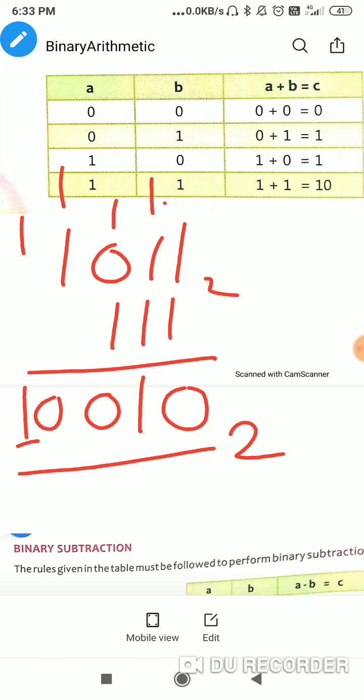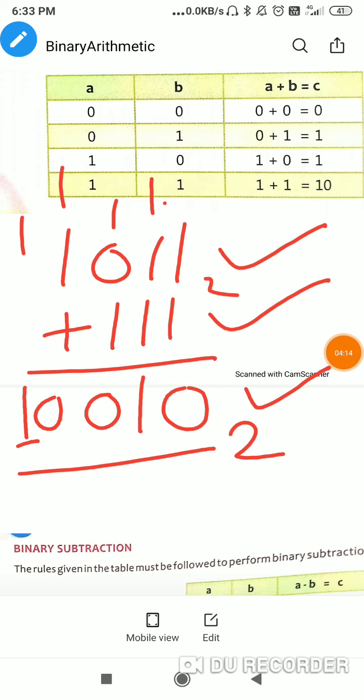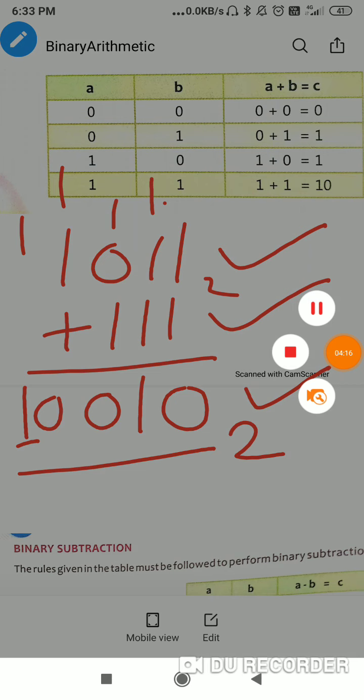So the answer will be 10010. These two numbers 1011 and 111, the addition of these two numbers becomes 10010. So that's all for the binary addition.